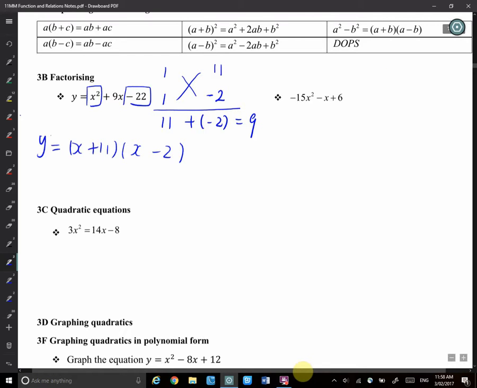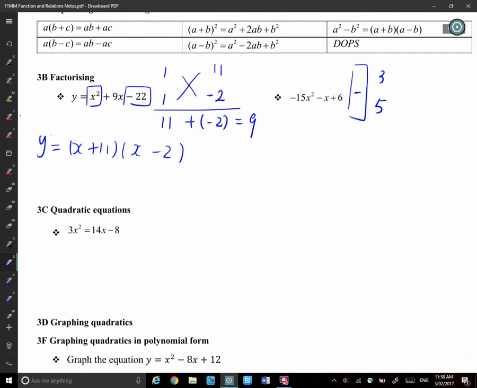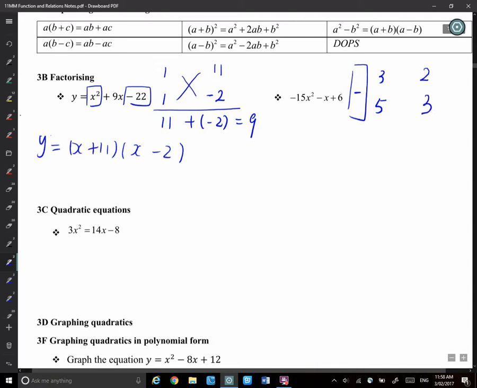So I will start with 3 and 5, but I'm not sure where to put the negative sign, so I put a negative here to decide. And I need a 6, so I will start with 2 and 3. I'm not going to try 1 and 6. So let's put 2 here and 3 here.